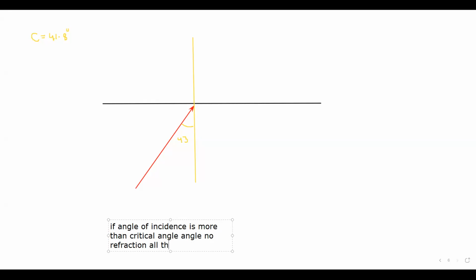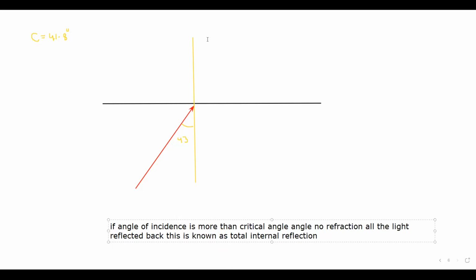All the light reflected back. This is known as total internal reflection. So if the angle of incidence is more than the critical, as you can see, the critical angle is 41.8, but the angle of incidence is 43.